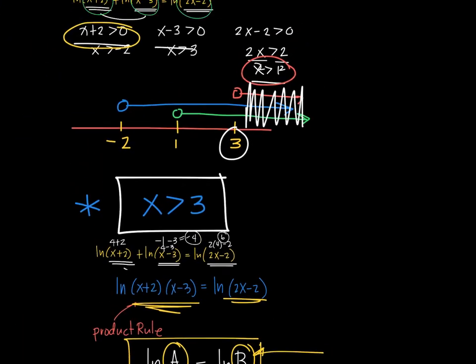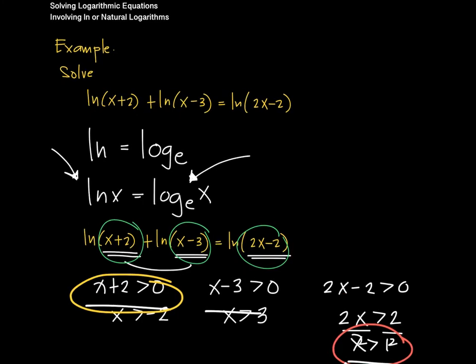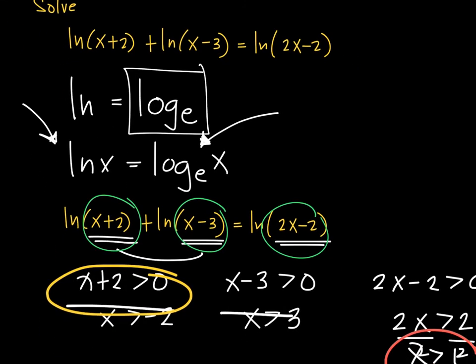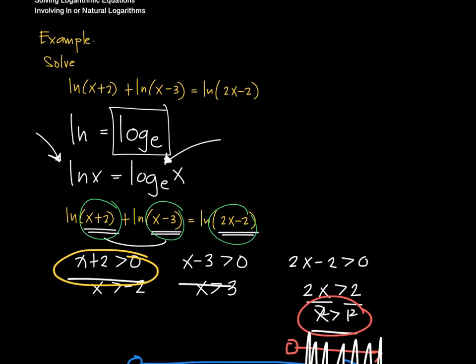To summarize the solution, again, do not be surprised when you see ln in an equation, because it simply means log base e, and all the ideas we use for a simple logarithm will be applicable for ln. So the product rule, quotient rule, and power rule can be applied in this equation. In this particular example, we have a plus sign, so we apply the product rule.